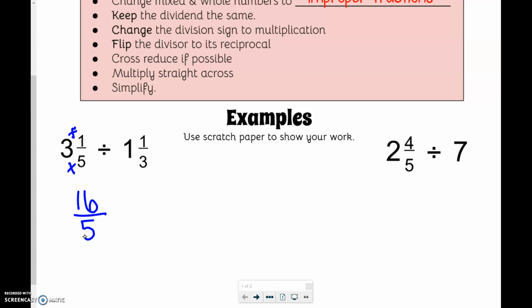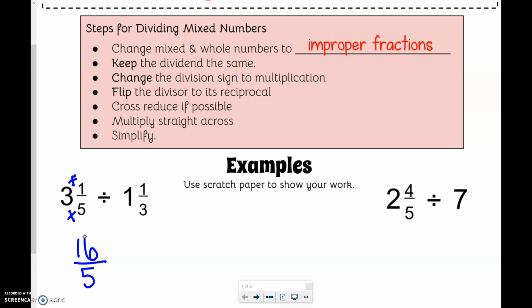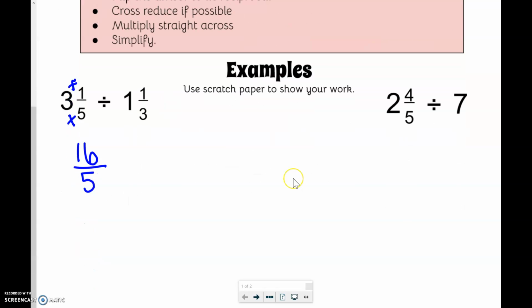Really, really important here. All I'm doing is changing my mixed numbers to improper fractions. Do not do keep, change, flip yet. I have seen over and over and over again students try and do all these steps at the same time, and almost every time they forget to flip the divisor, the second number. Okay, so we're not doing that part yet. We are just changing them to improper fractions.